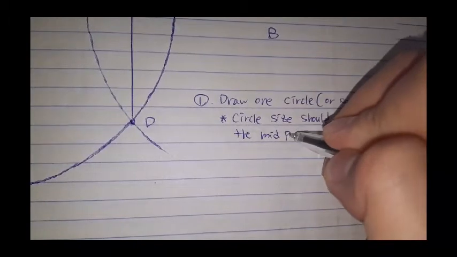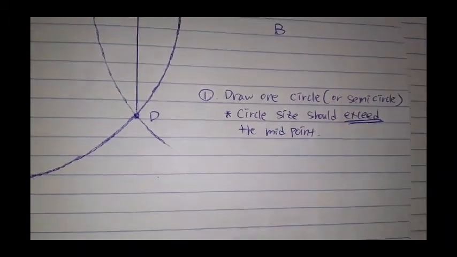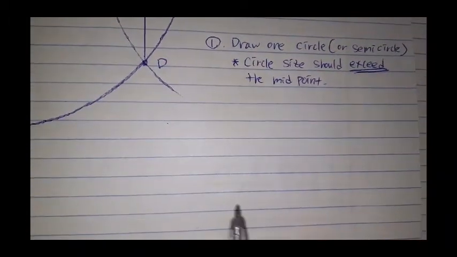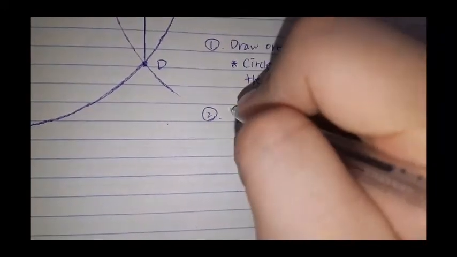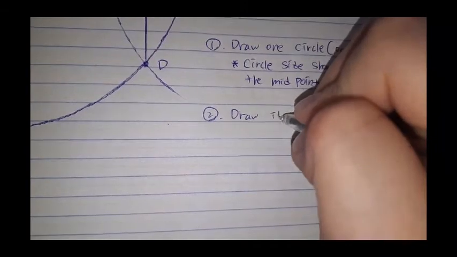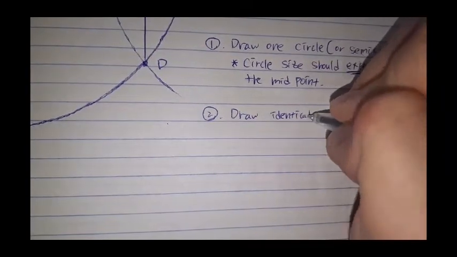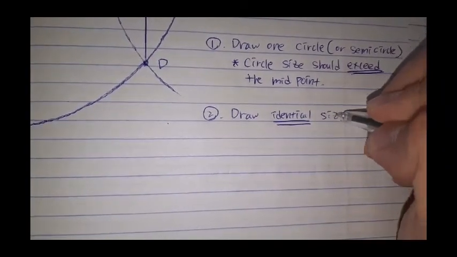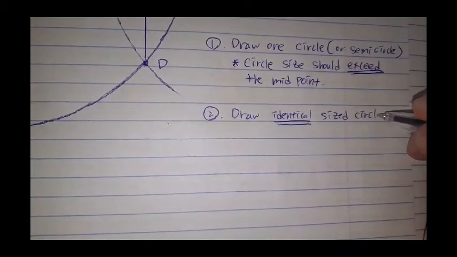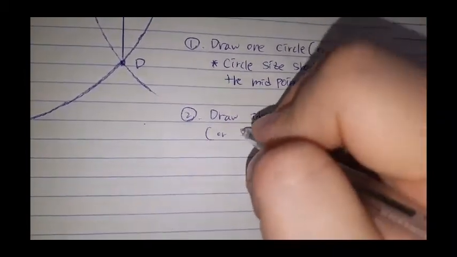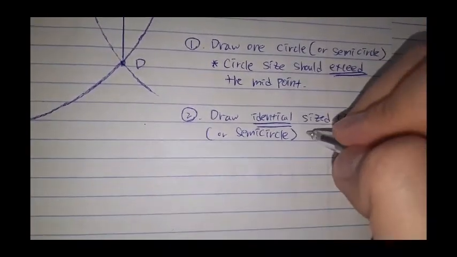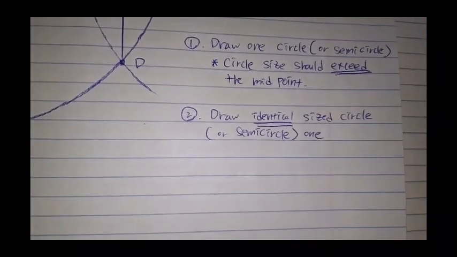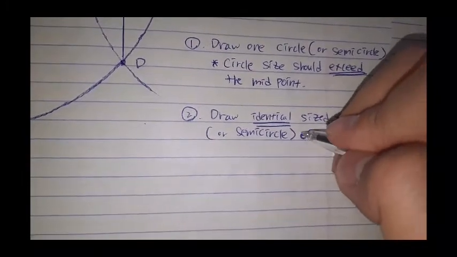That involves a little bit of estimation skill, but it's relatively easy to do. Number 2, draw an identical sized circle or semicircle on the other end.